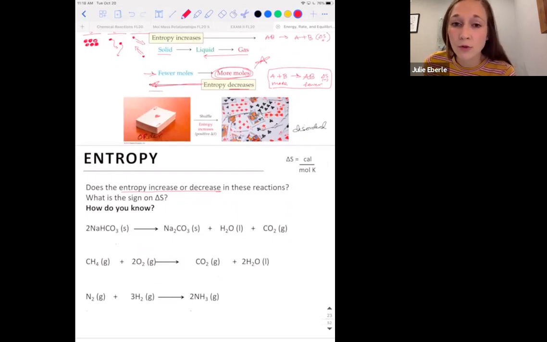How many moles do I have on my product side? Am I going from fewer moles to more moles? Or do I have more moles of stuff on my reactant side and fewer moles of stuff on my product side? Let me give you a minute to do this. I want you to do all 3. Think about all 3, and then we're going to walk through them together. And if you have to guess, just guess.